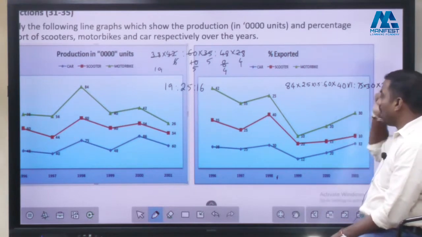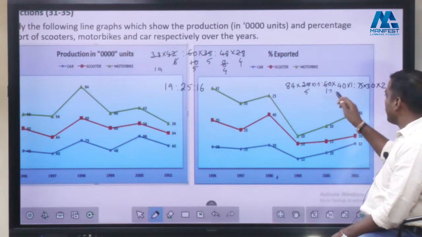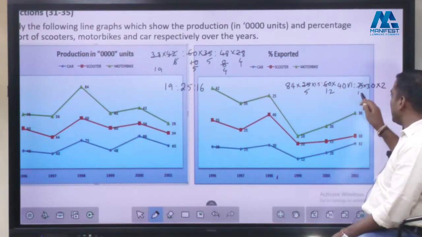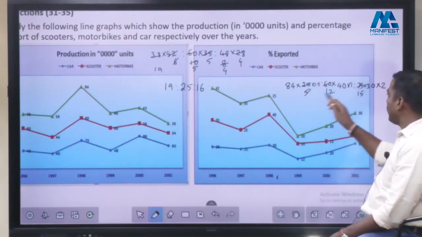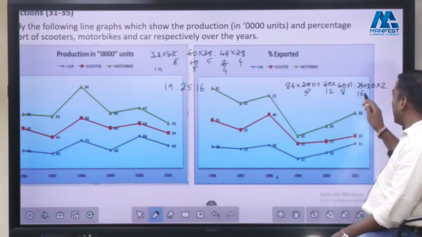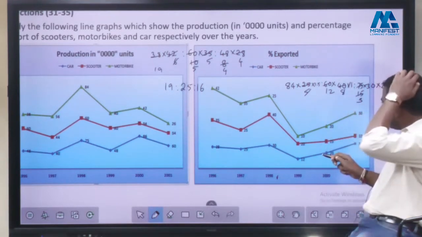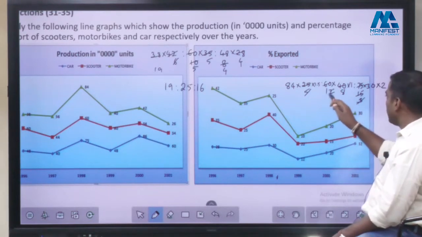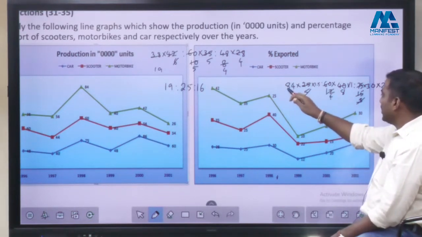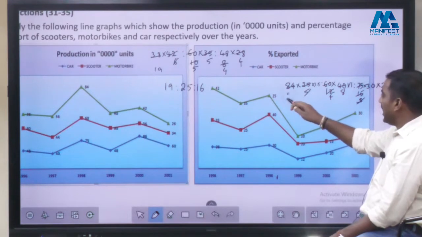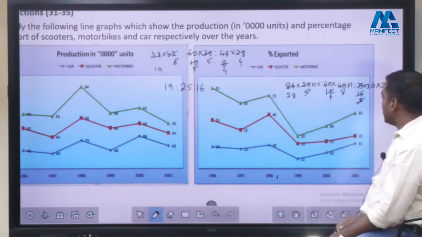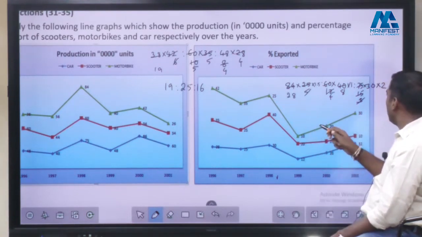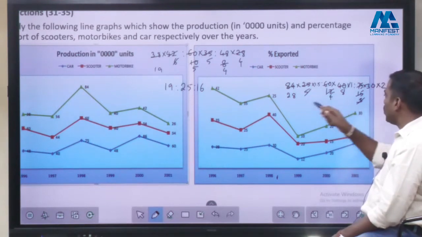Okay. So I'll start with 5 5s are, 5 12s are, and 5 15s are. Again, 5 1s are, 5 8s are, and 5 3s are. Okay. Then I'll cancel with 3. 3 1s are, 3 4s are, and 3 28s are. Similarly, from 2.